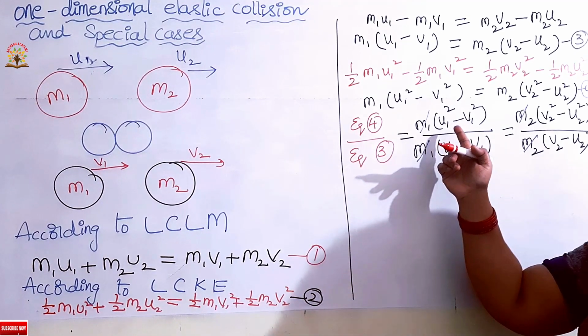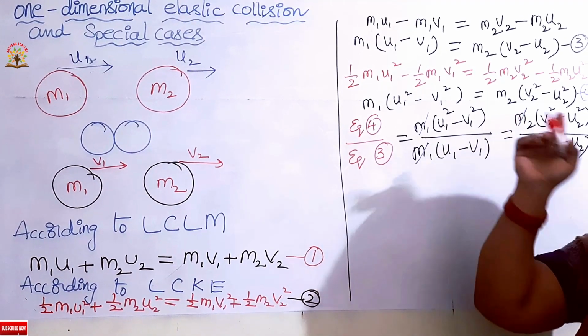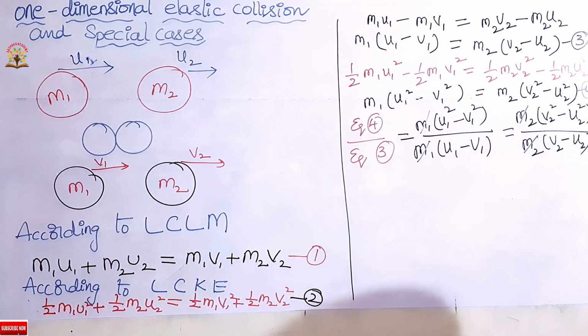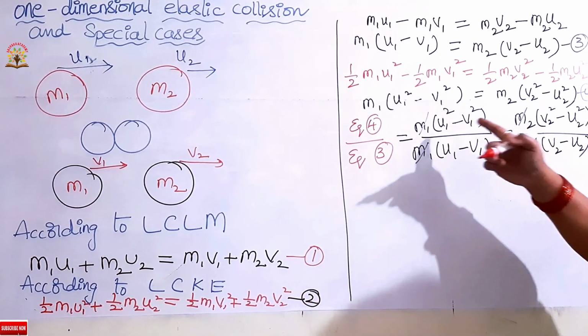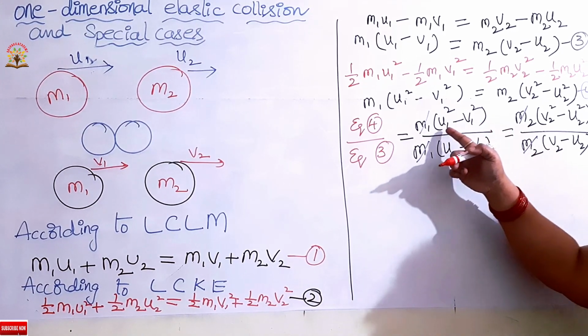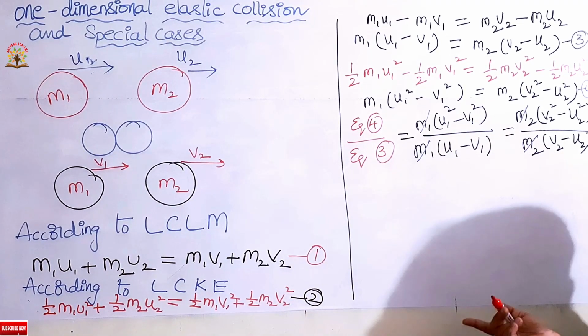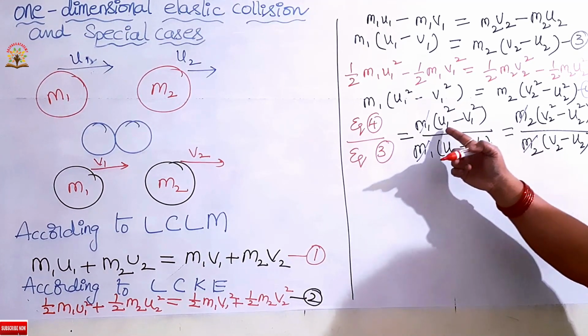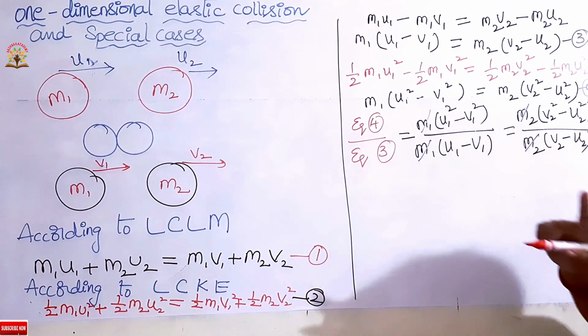This is in the form of a square minus b square.